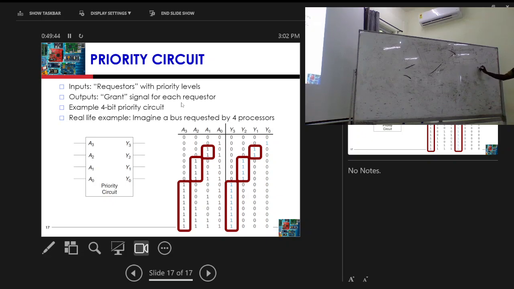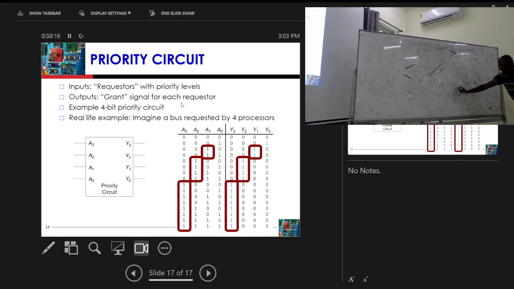Now our next one is Y1. Y1 depends directly on A1. But A3 must be 0 and A2 must be 0 before Y1 can be 1. So another AND gate with NOT gates connected to A3 and A2, and then your A1 comes. Your last one is Y0.